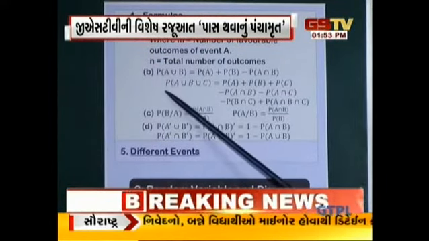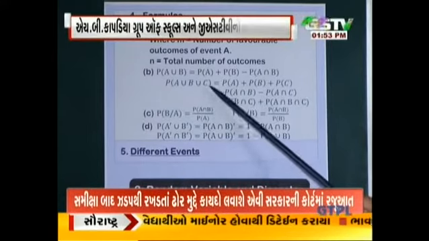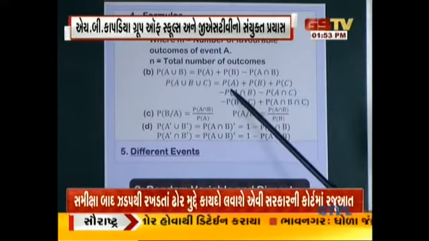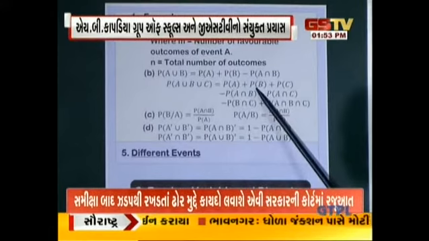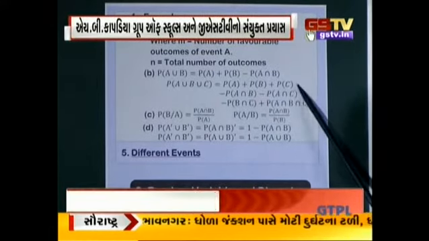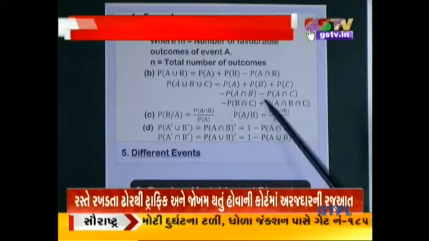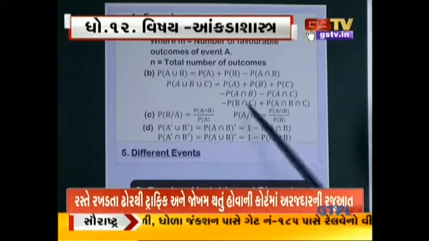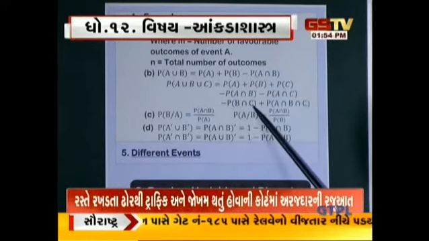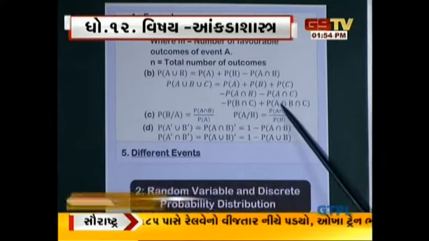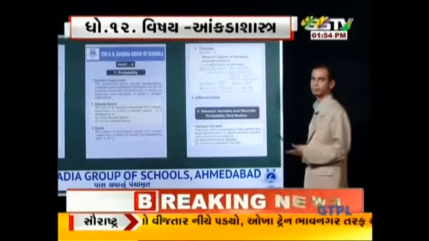So P of A union B union C is equal to P of A plus P of B plus P of C minus P of A intersect B minus P of A intersect C minus P of B intersect C plus P of A intersect B intersect C.